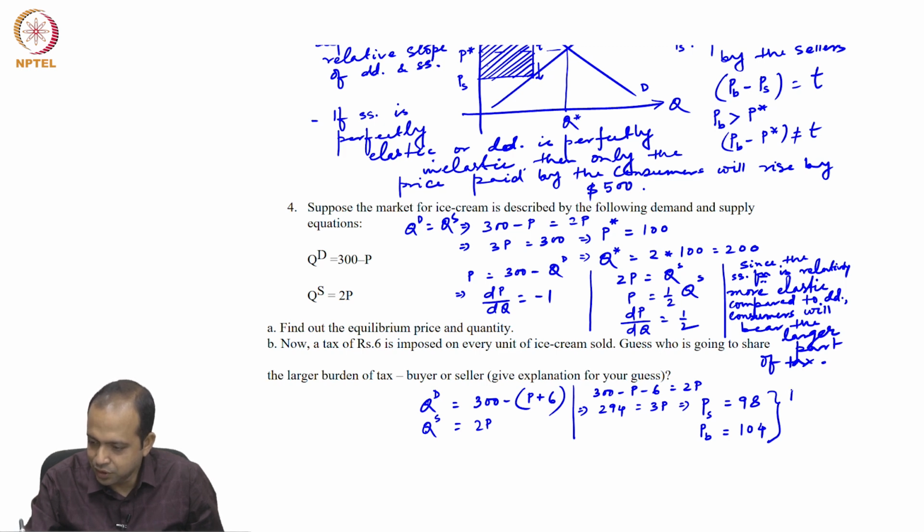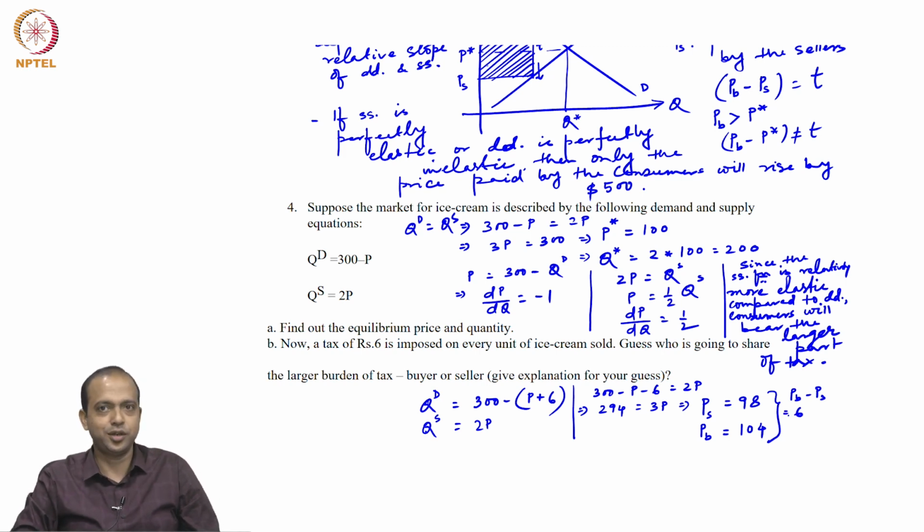Since PB minus PS equals 6, that is helping actually. Okay. Is this clear?